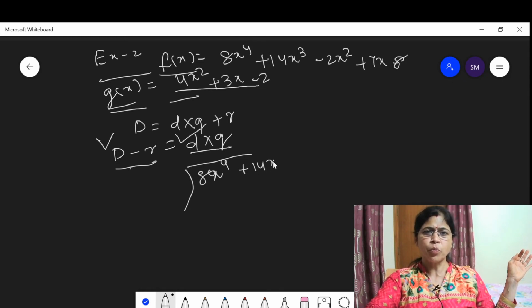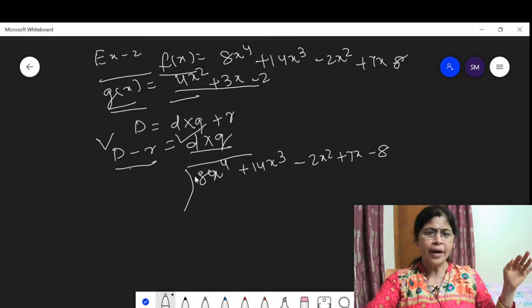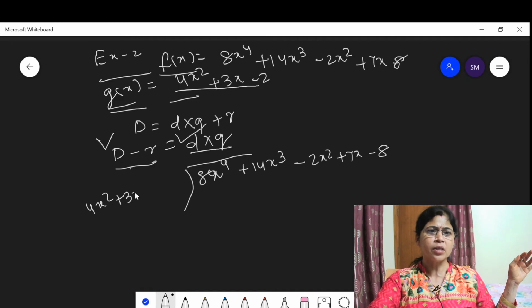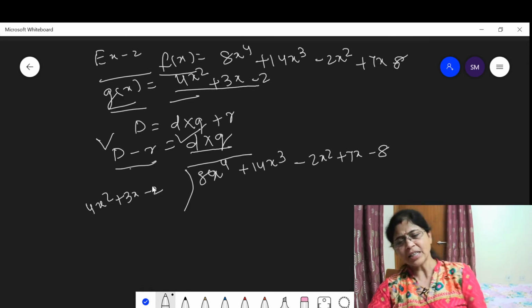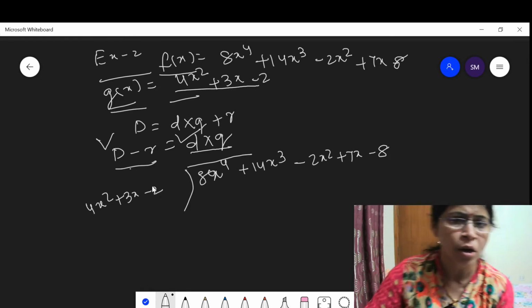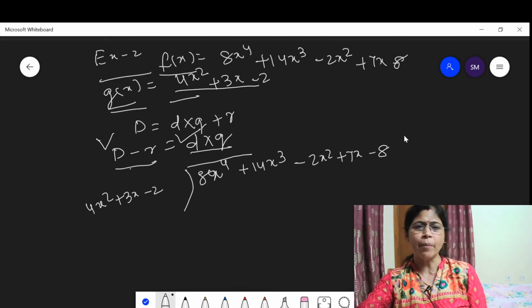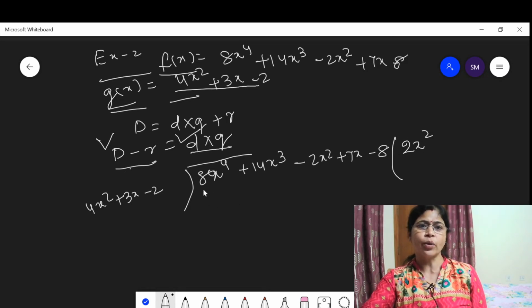8x fourth plus 14x cube minus 2x square plus 7x minus 8 is divided by 4x square plus 3x minus 2. Let us find out what will be the remainder. What should be multiplied by 4x square to get 8x fourth? When we multiply 2x square, this is 8x fourth plus 6x cube minus 4x square.